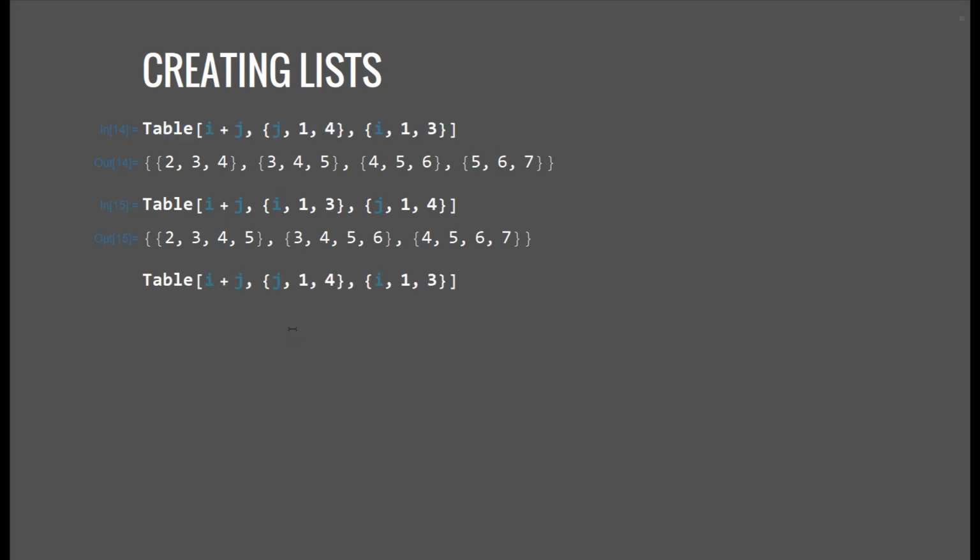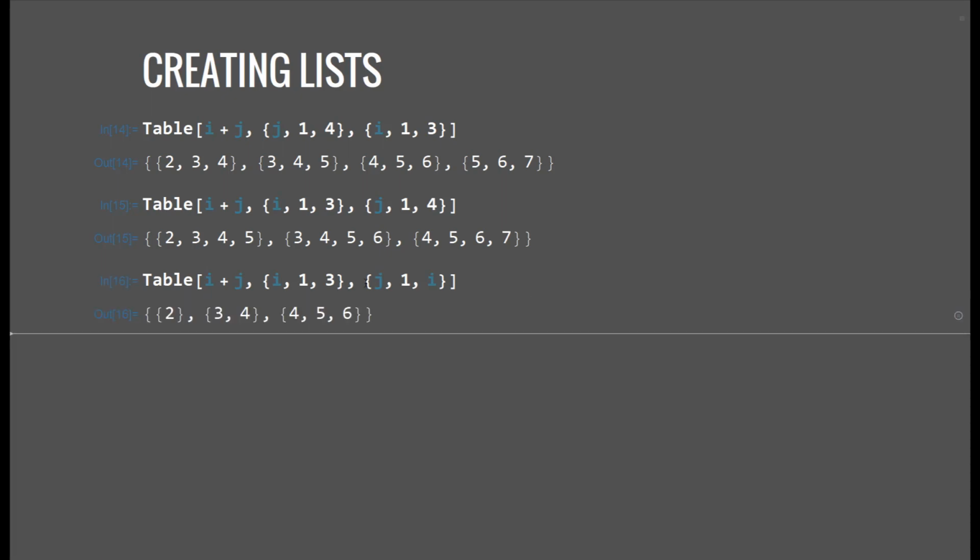Let's say, for example, i grows from 1 to 3, and j goes from 1 to i. Now, let's see what happens when we press enter here.